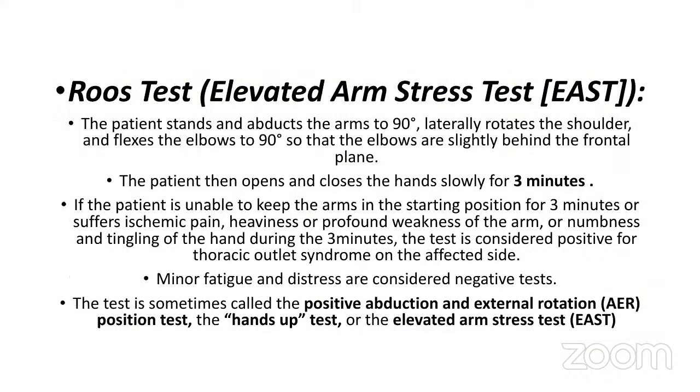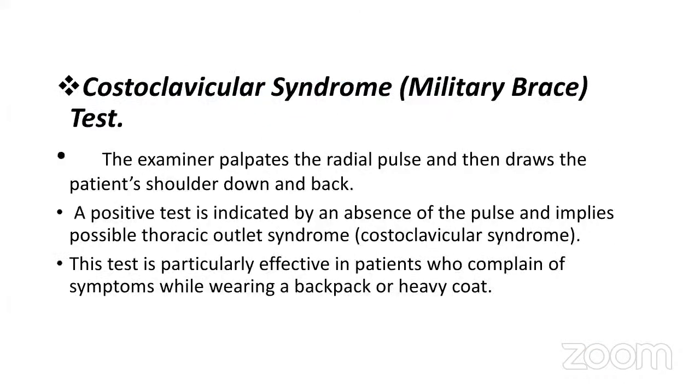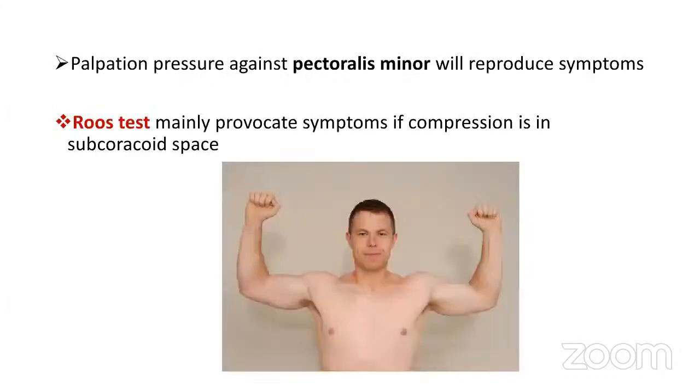Now further, this is the Roos test. The starting position of the Roos test is this: 90-degree abduction of the shoulder joint, 90-degree flexion of the elbow joint, and ask the patient to laterally rotate the arm. Then ask the patient to open and close the hand slowly for 3 minutes.